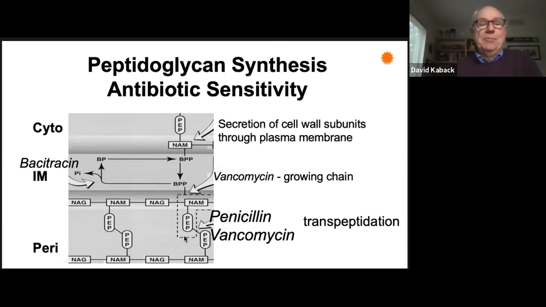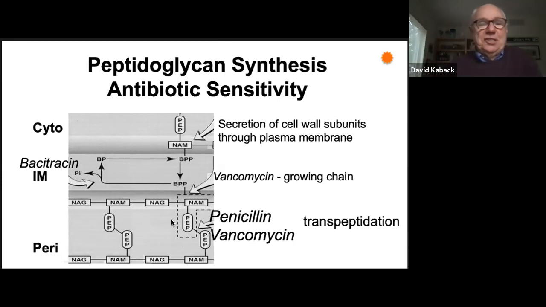The cell wall becomes very weak and non-effective and virtually non-existent. Vancomycin inhibits both transpeptidation, this cross-linking reaction, but also the polymerization of that glucose polymer shown here. Bacitracin affects the recycling of proteins that are involved in producing this polymer.